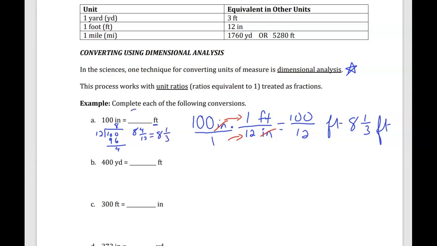So 100 inches is 8 1/3 feet. And the reason why we want to do this as fractions or mixed numbers is those are the most accurate. When we convert these into decimals, that's when we get into the rounding, and those are approximations. These are exact values when we put them in as fractions.